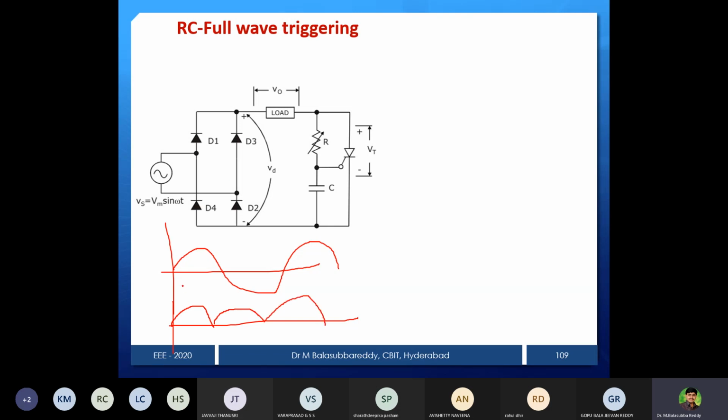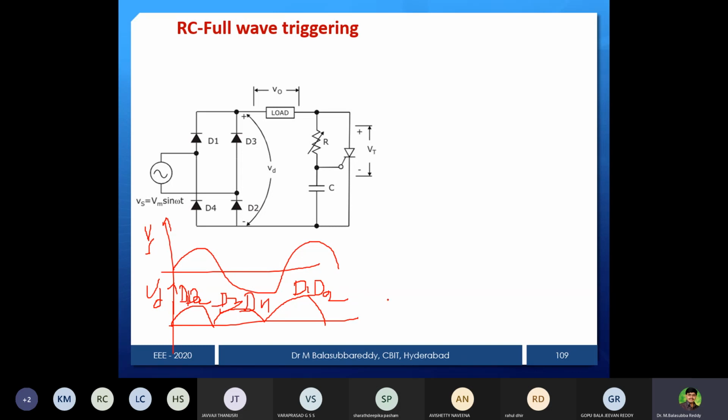For the positive half cycle D1 and D2 are conducting, for the negative half cycle D3 and D4 are conducting, and again D1, D2. This is the supply Vs, and this one is Vd, the voltage across the diode rectifier.